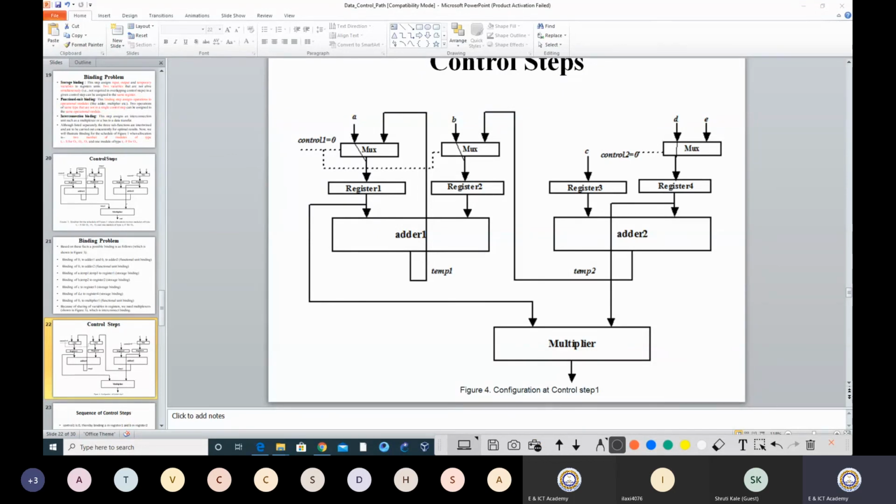So for this adder, A has to be there, here B has to be there, C has to be in register 3 and D should be in register 4. I need to ensure that the selection comes out from this mux, and A should be stored over here, B over here, C over here and D over here.